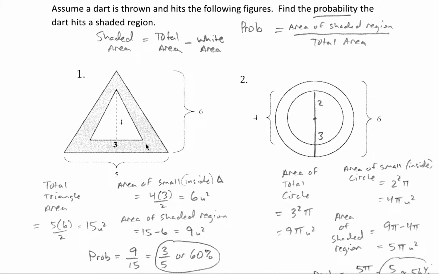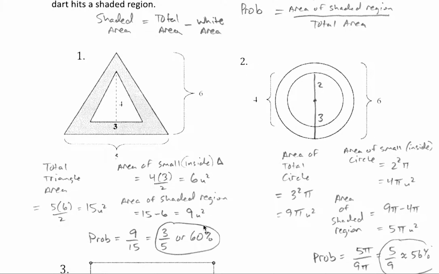Now that we know the area of the shaded area, we can compare that to the total area, and that would be the probability of hitting the shaded region. So we got our shaded region of 9 square units and our total area of 15 square units. Write that as a ratio and reduce if ever possible. So 9/15 could be reduced, divide each by 3 and get 3 to 5.